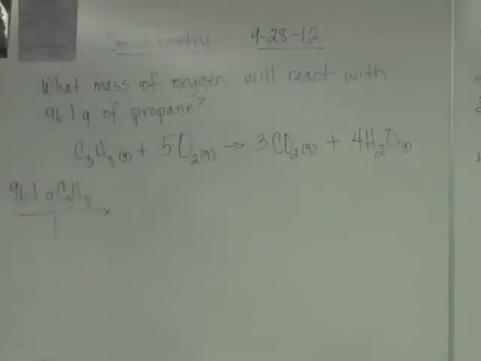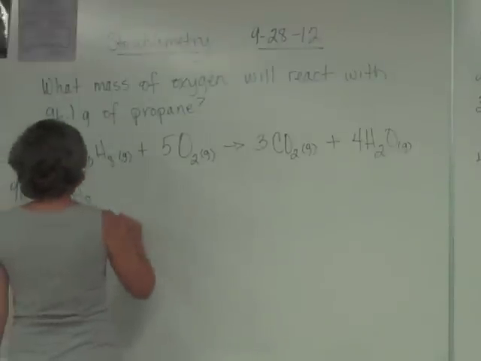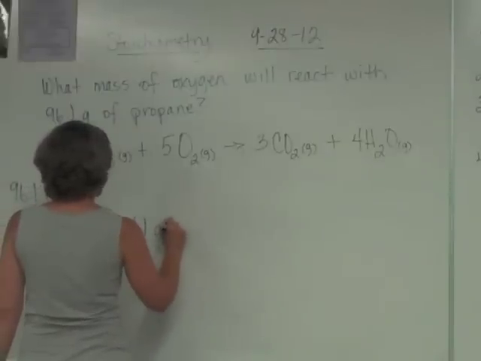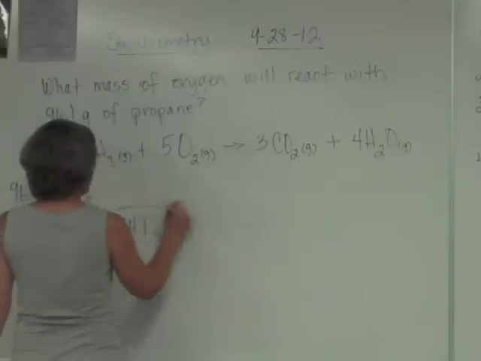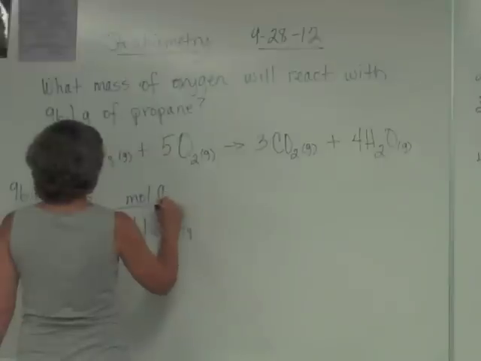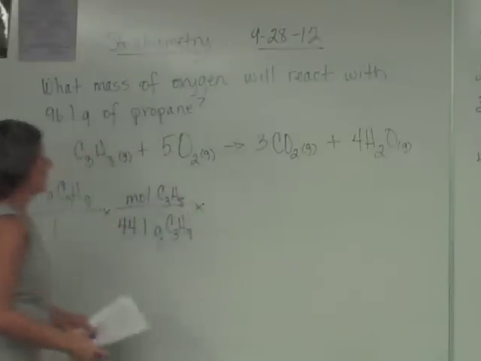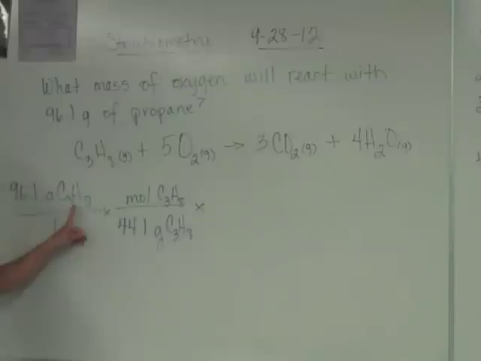Okay, so the molar mass of propane is 44.1 grams of propane per mole of propane. Essential to write these formulas.